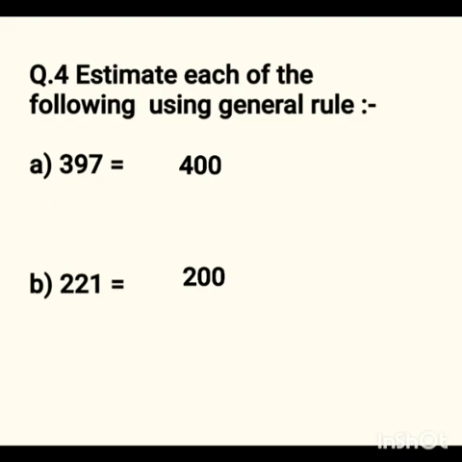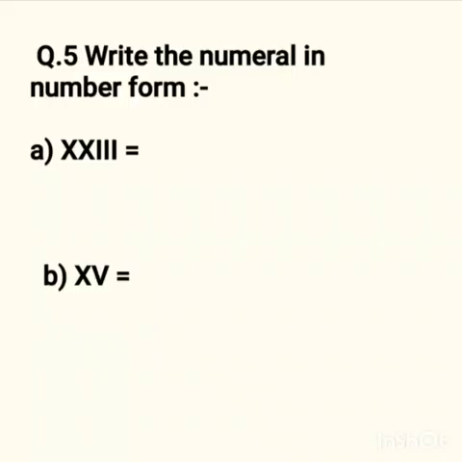Okay, so let us do the next question, which is 5. Question number 5 is write the numeral in number form, right? So this is a Roman numeral. We have to solve it. How do we write this Roman numeral in number form?